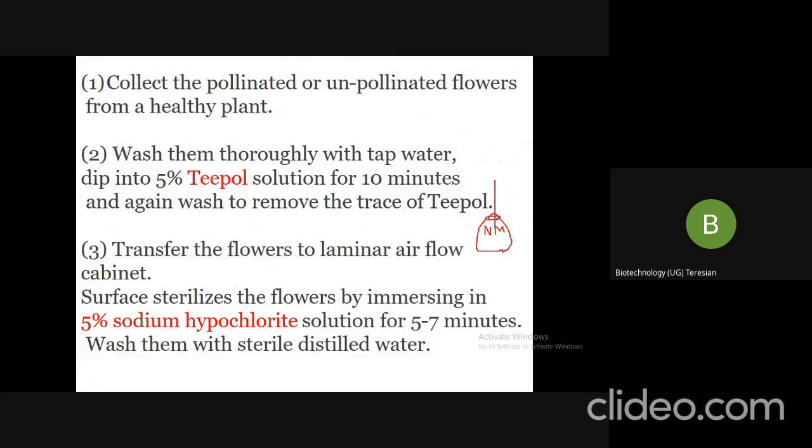Okay, there is a stopper here. Within this, you are inserting the stalk into the aseptic media through an opening in the stopper. This is the stopper, thus leaving the ovary free to grow outside the culture vial. So now it is growing outside the culture vial. It will have ample space to grow.